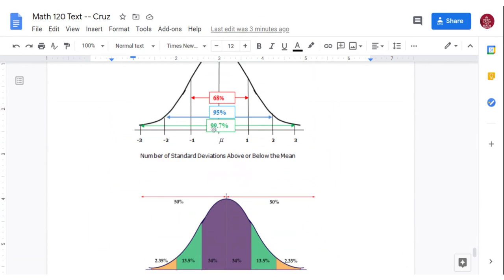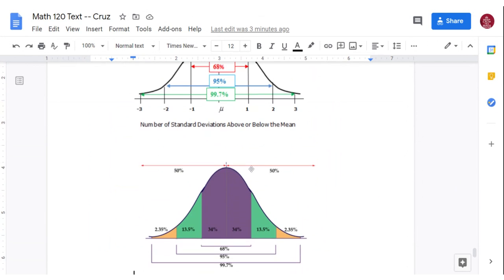It's essentially 4.7% to get out to 99.7. If it were 100%, it would be 5, but it's not quite. I'm sorry, 4.7. And then the 4.7 divided in half is that little yellow part.